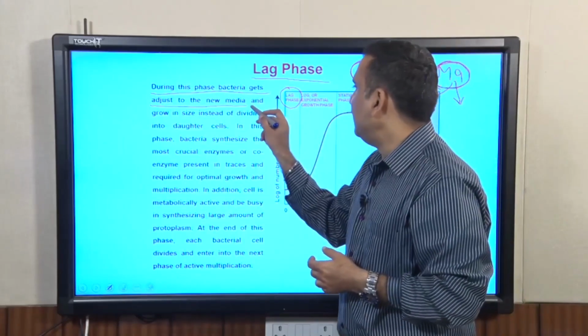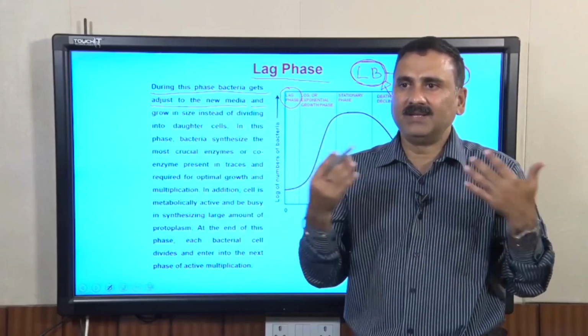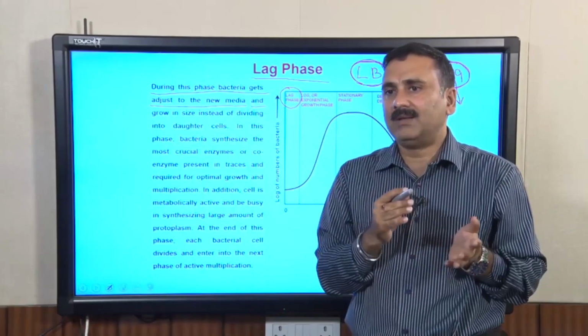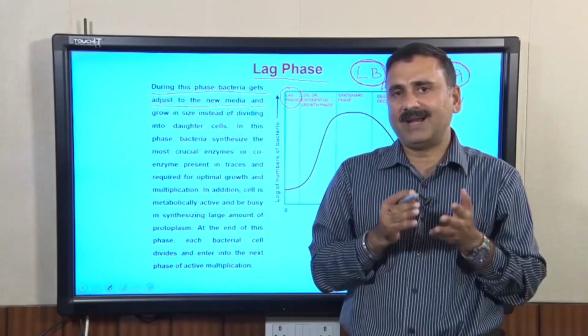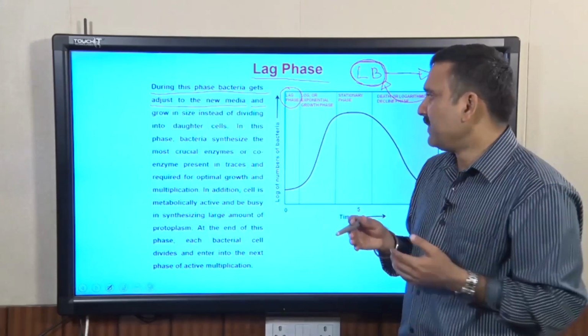Once the bacteria adapt, they avoid dividing the cells, because division starts only once the bacteria is happy and has adjusted to the particular conditions.